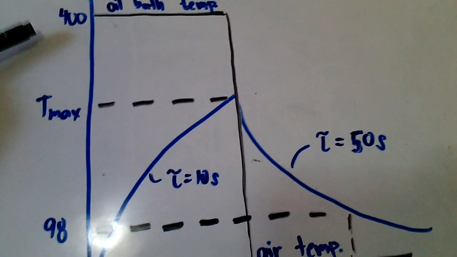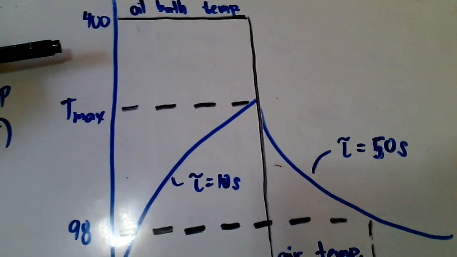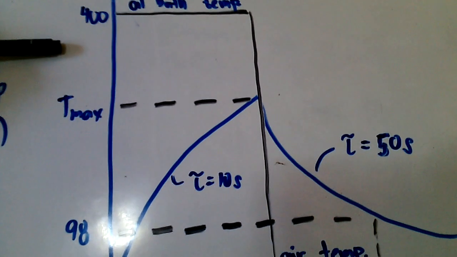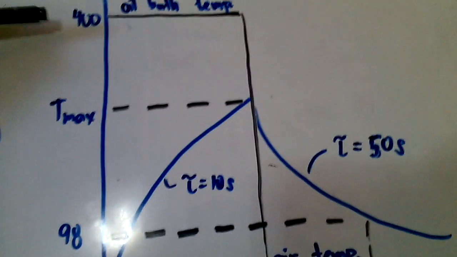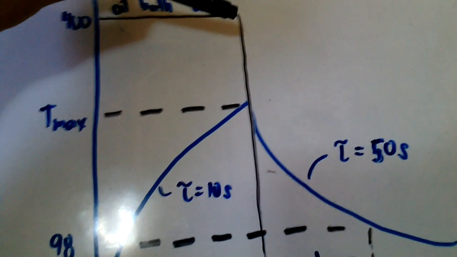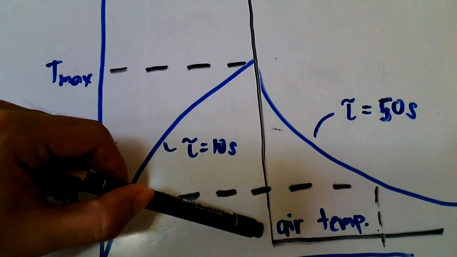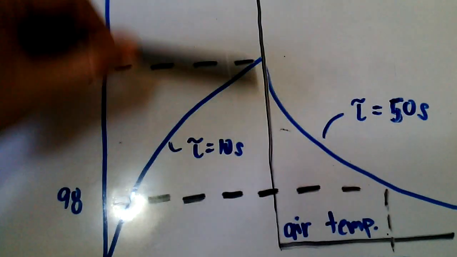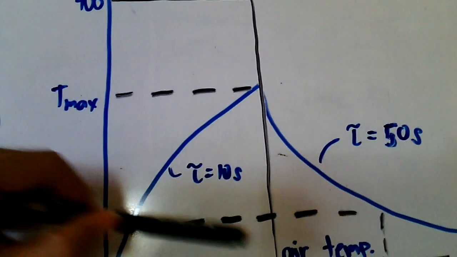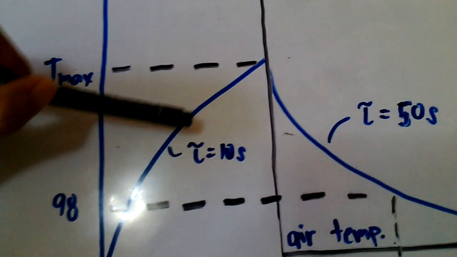This is to help you use your imagination to picture what really happened in the problem. So we have the oil bath temperature here, 400 degrees, constant. Then it began with the air temperature in this area. We also have our Tmax since we have our time constant at 10 seconds.